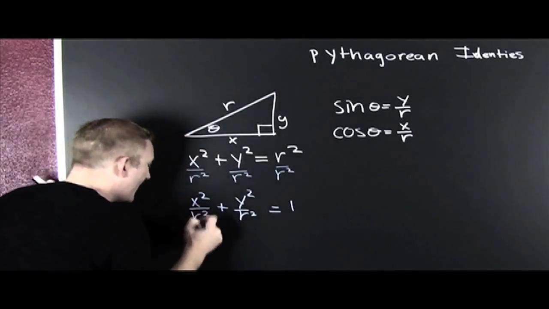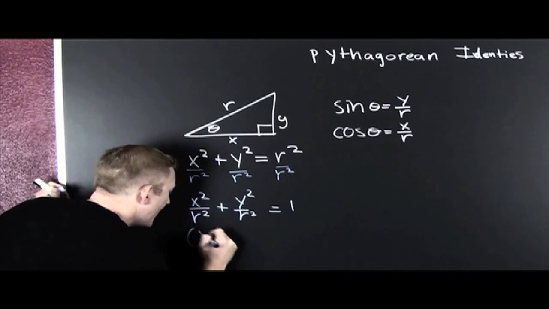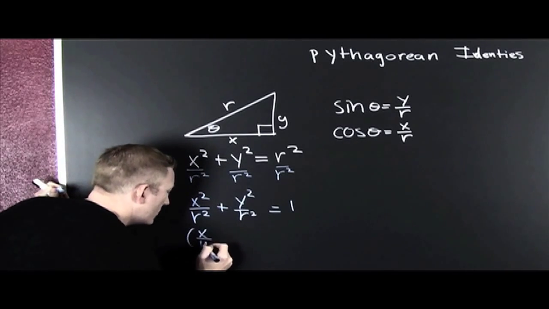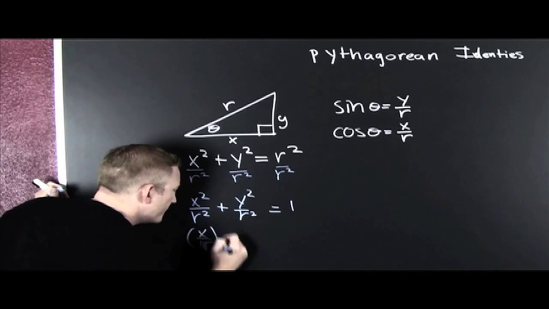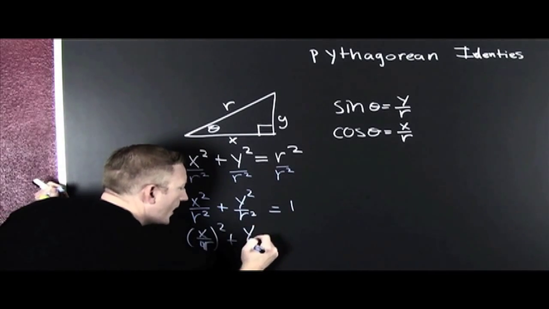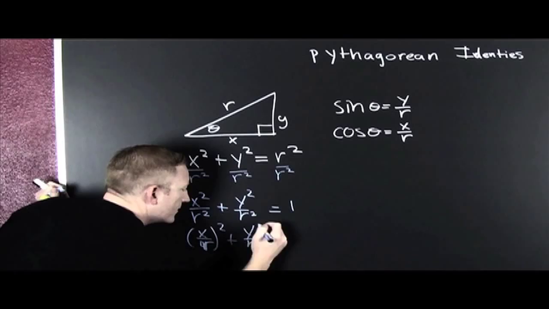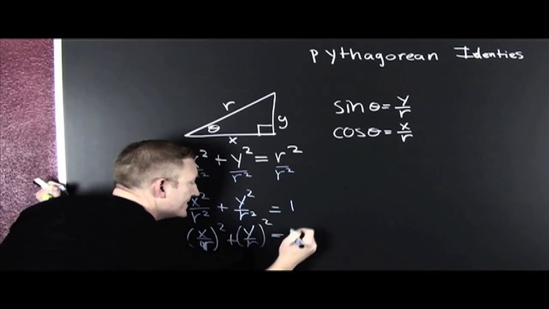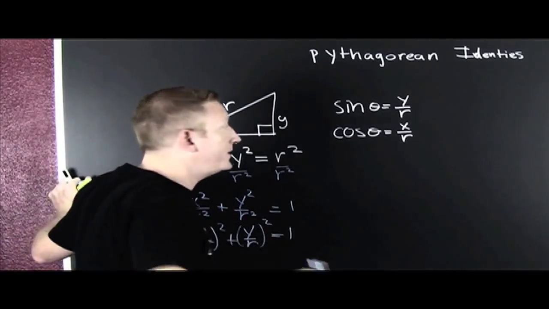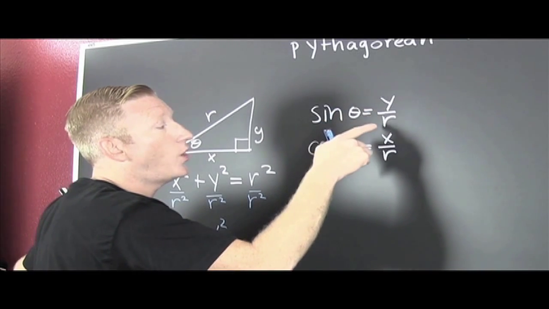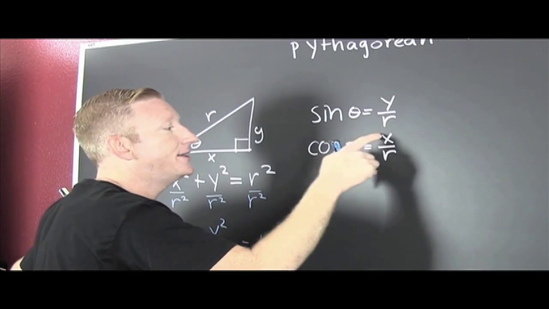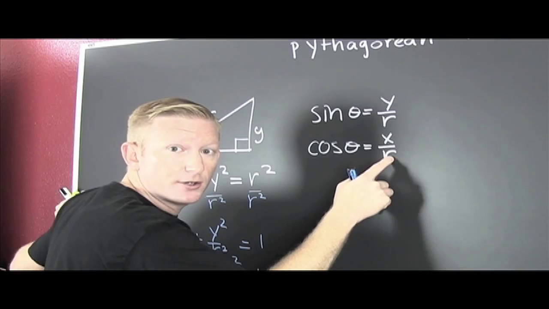Now, this can be written as x over r, squared, plus y over r, squared, and that's equal to 1. Now, what do we need? We need these two: y over r is sine, x over r is cosine.